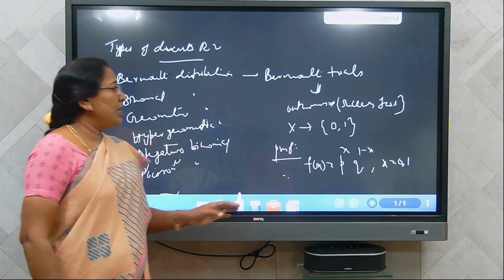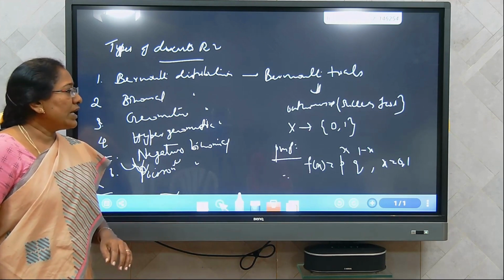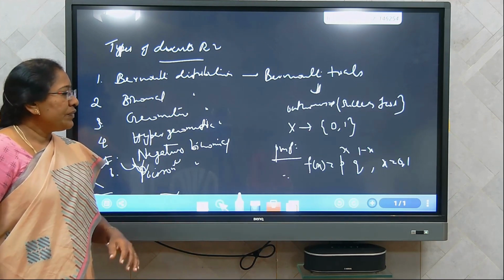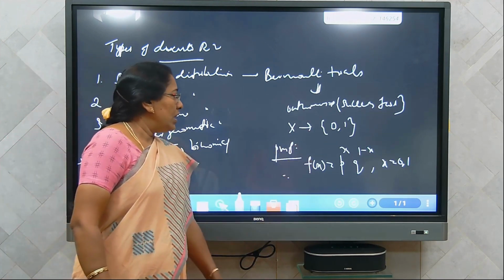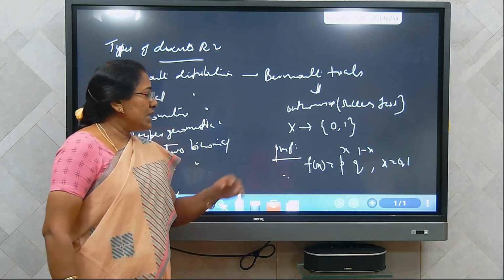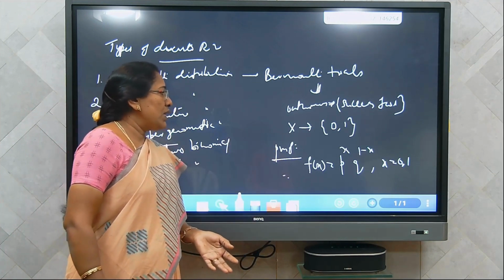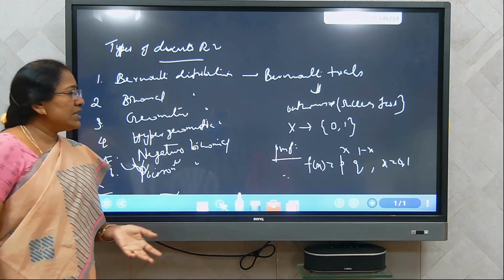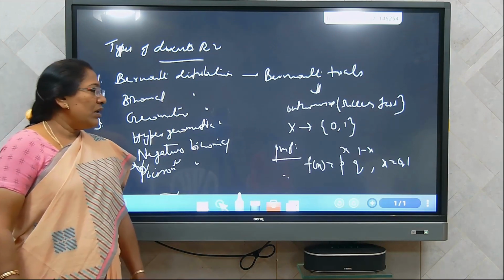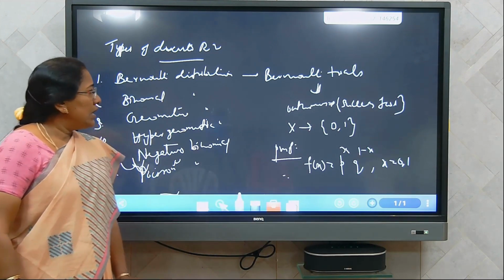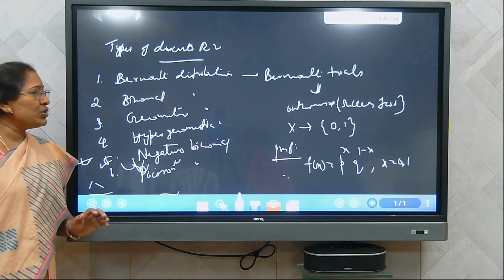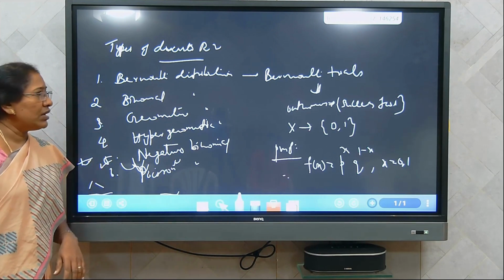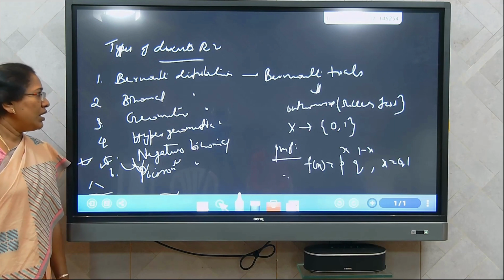If the outcomes have only two categories, namely success and failure, then the random variable x takes two possible values, namely 0 and 1 or any other numerical value. Then we can assume the distribution of the random variable follows Bernoulli.